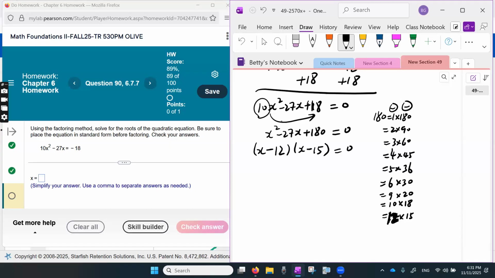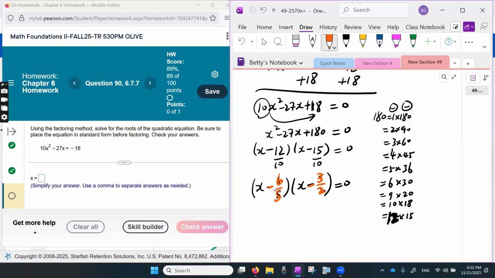All right? And then divide by 10. Simplify. 12 over 10 is 6 over 5. 15 over 10 is 3 halves. All right, I'm going to write the two numbers in red. Minus 6 over 5, minus 3 halves.